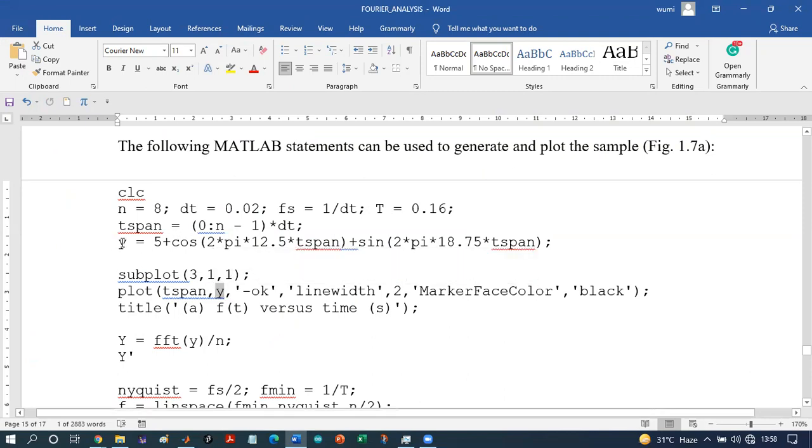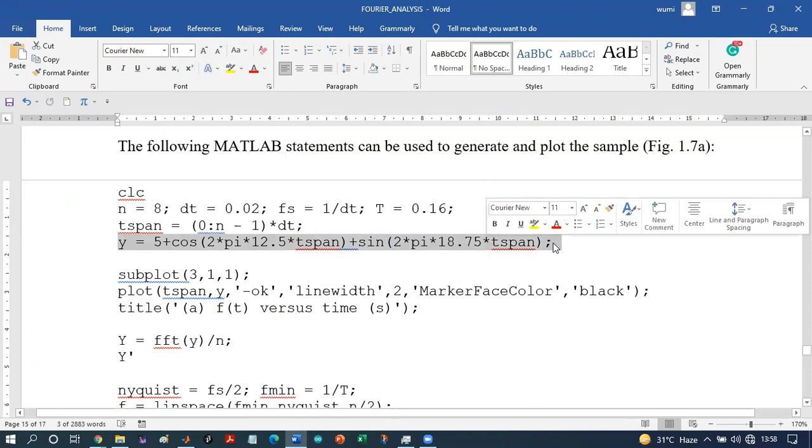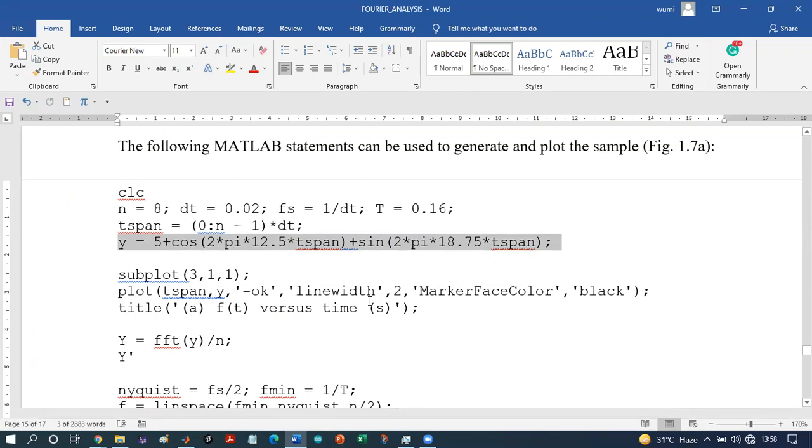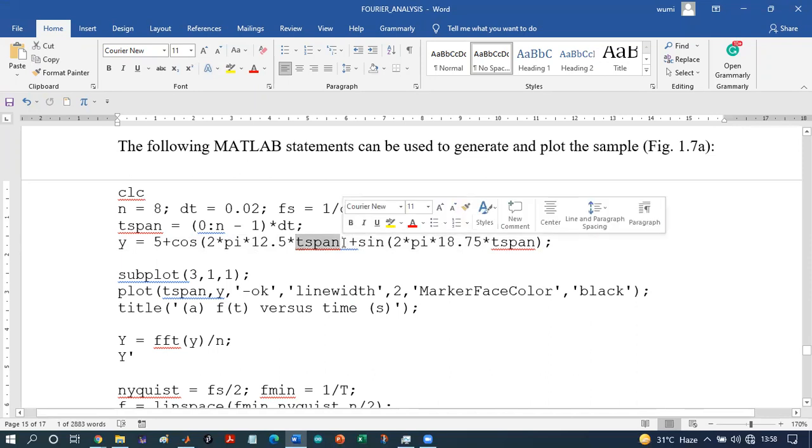So let me move to this line. Looking at the code, what is this line about? That is the question. This was the question we're given, that f of t is equal to cos 2 pi 12.5 times t span, because you know this t span is the values.